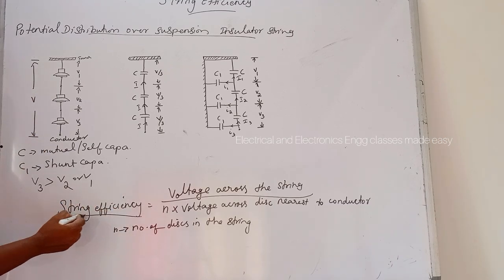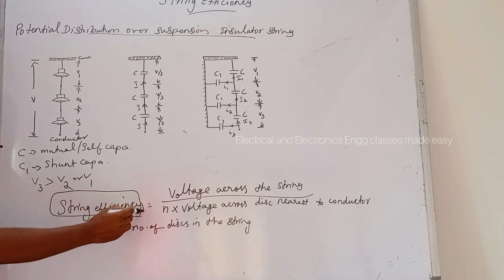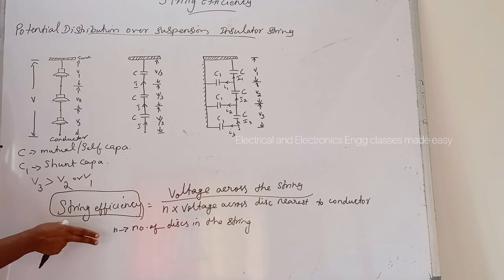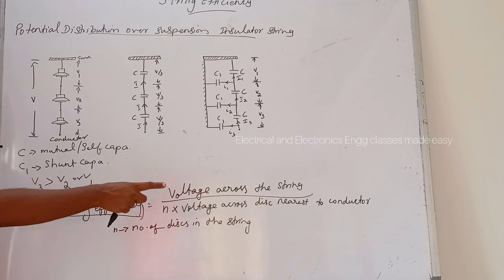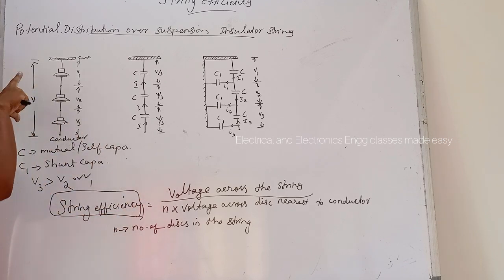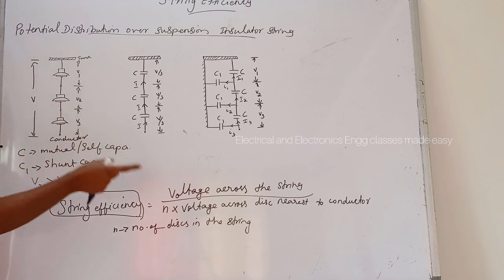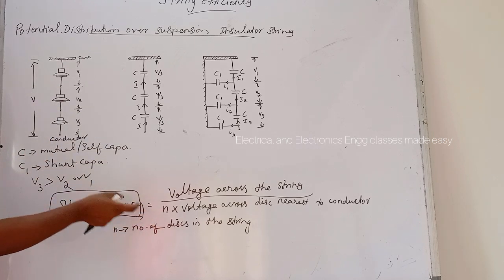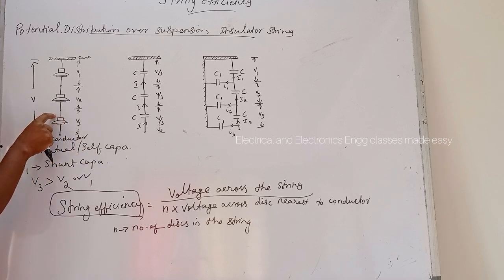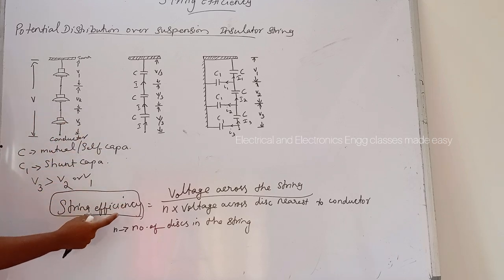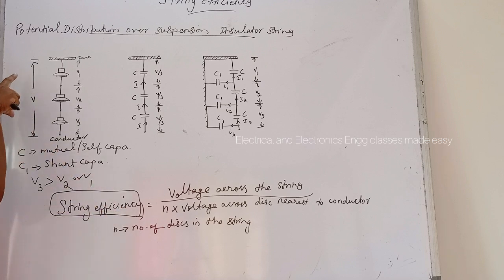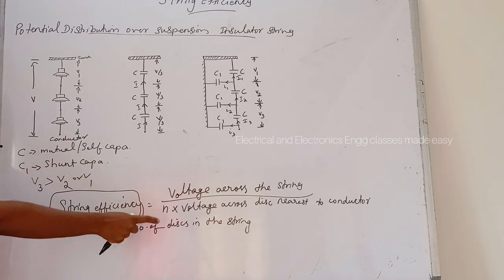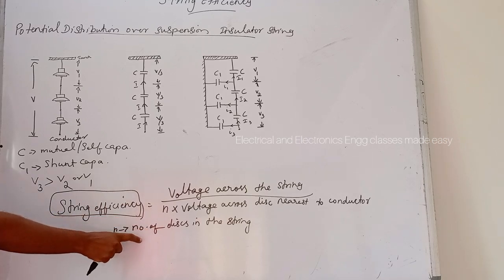Now let us define the string efficiency. The ratio of the voltage across the whole string to the product of the number of discs and the voltage across the disc nearest to the conductor is known as the string efficiency. That is, string efficiency is equal to the voltage across the string divided by n into the voltage across the disc nearest to the conductor, where n is the number of discs in the string.